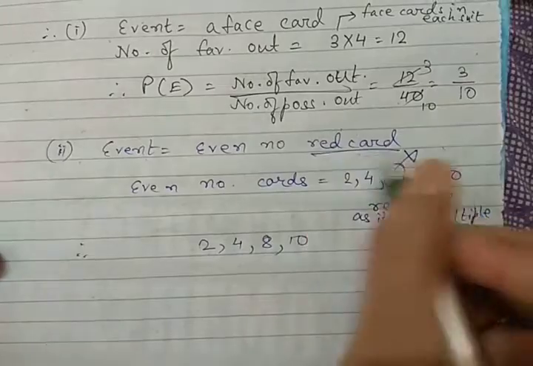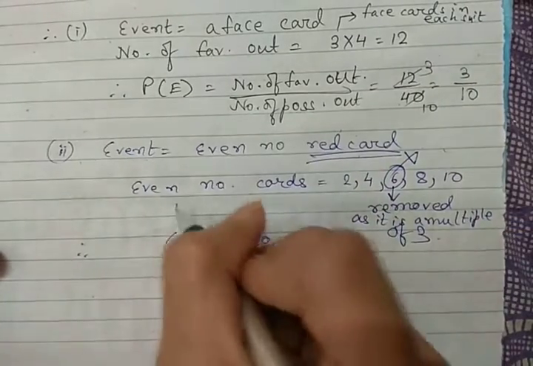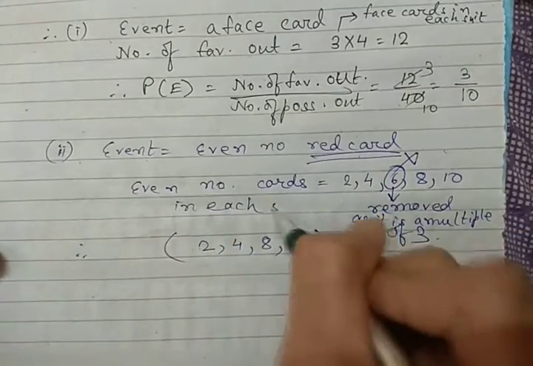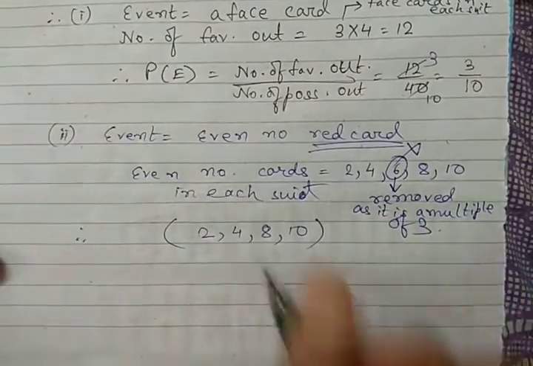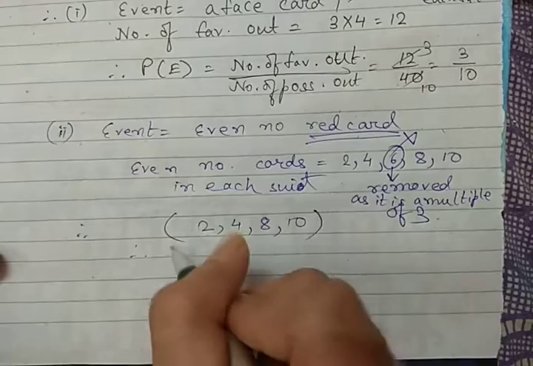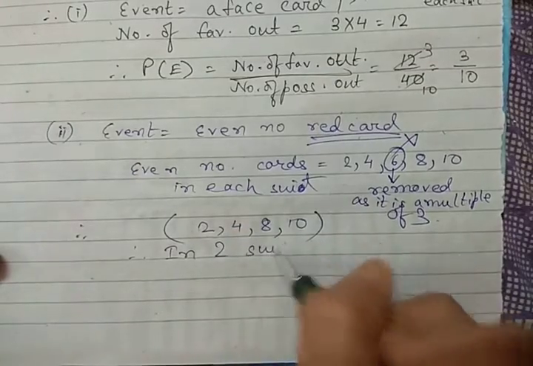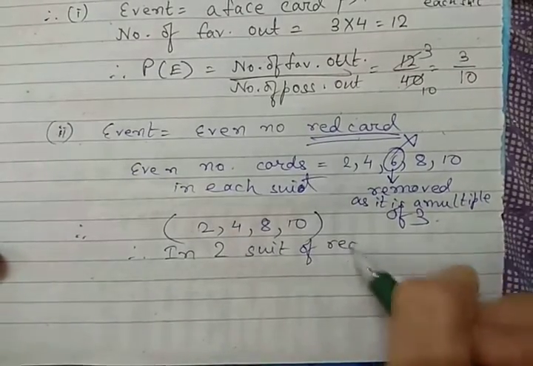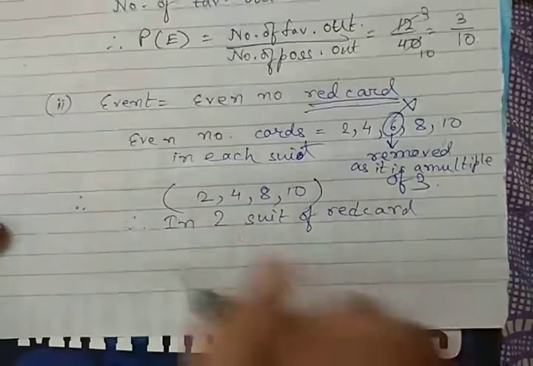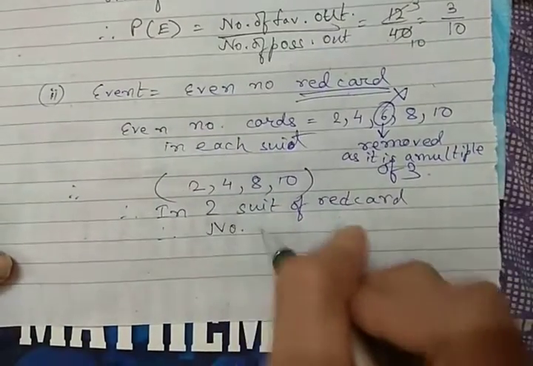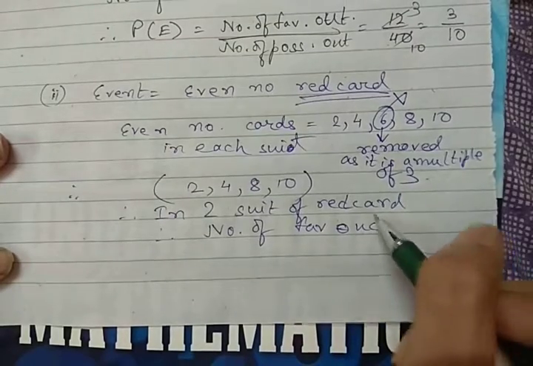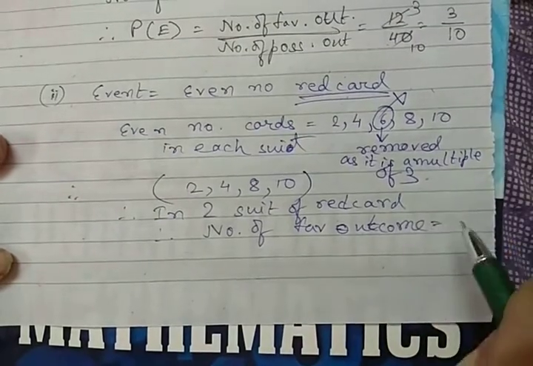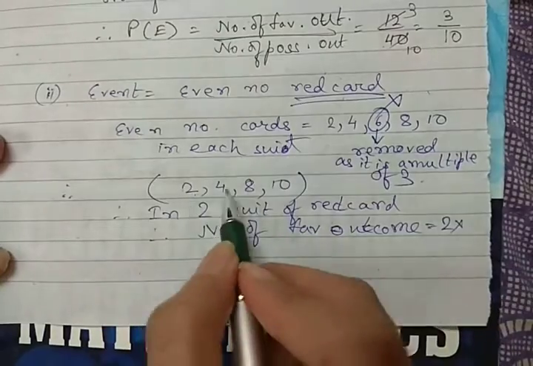So for an even numbered red card, these are the even numbered cards in each suit. Now how many red suits are there? There are 2 suits of red cards. Therefore in 2 suits of red cards, the number of favorable outcomes is equal to 2 into how many? 1, 2, 3, 4.